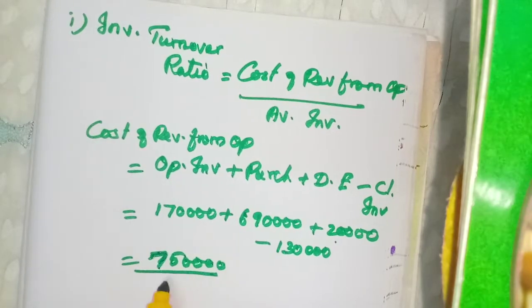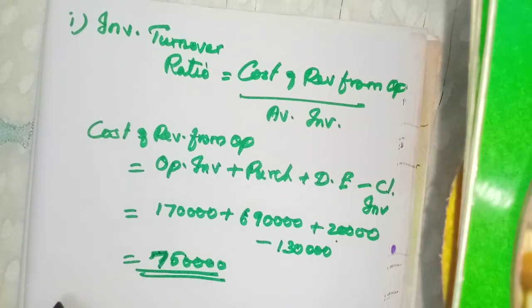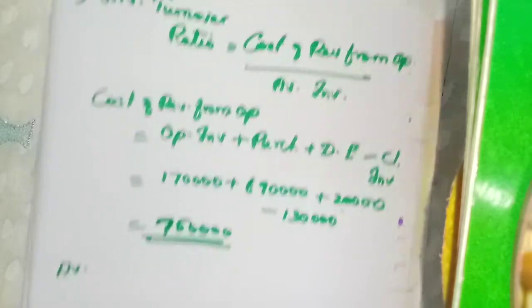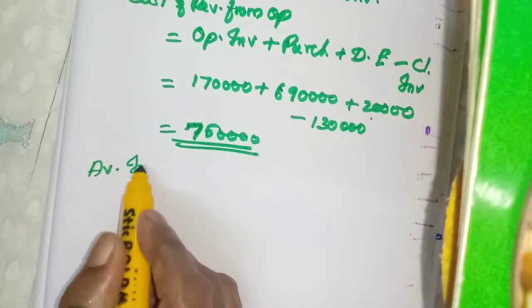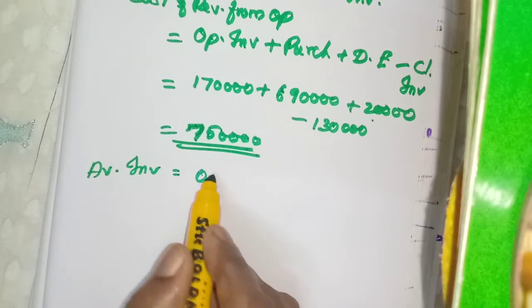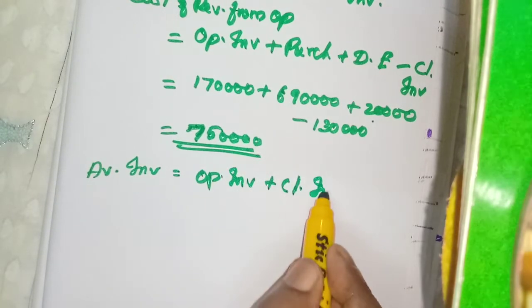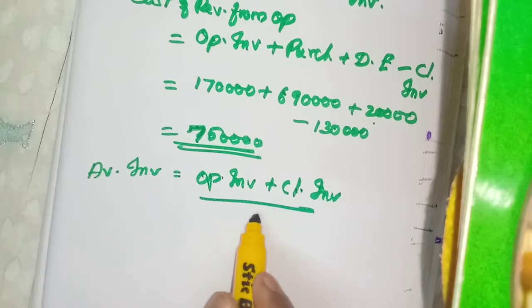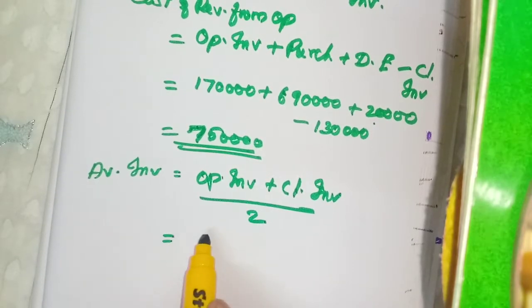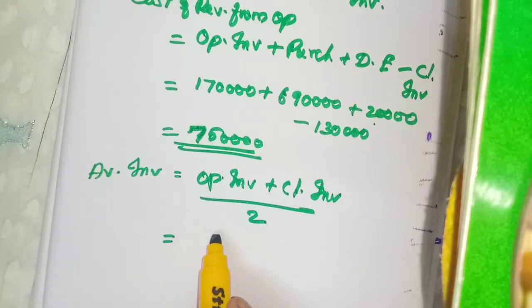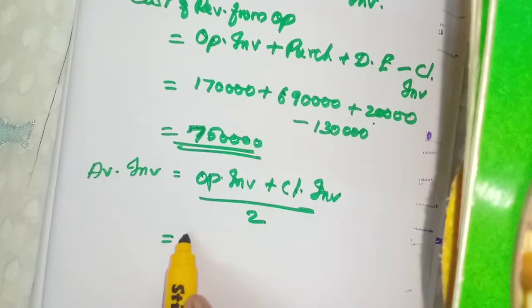Okay, 7,50,000. Now we should calculate the average inventory: opening inventory plus closing inventory divided by 2. Opening inventory, the inventory at the beginning, is 1,70,000.